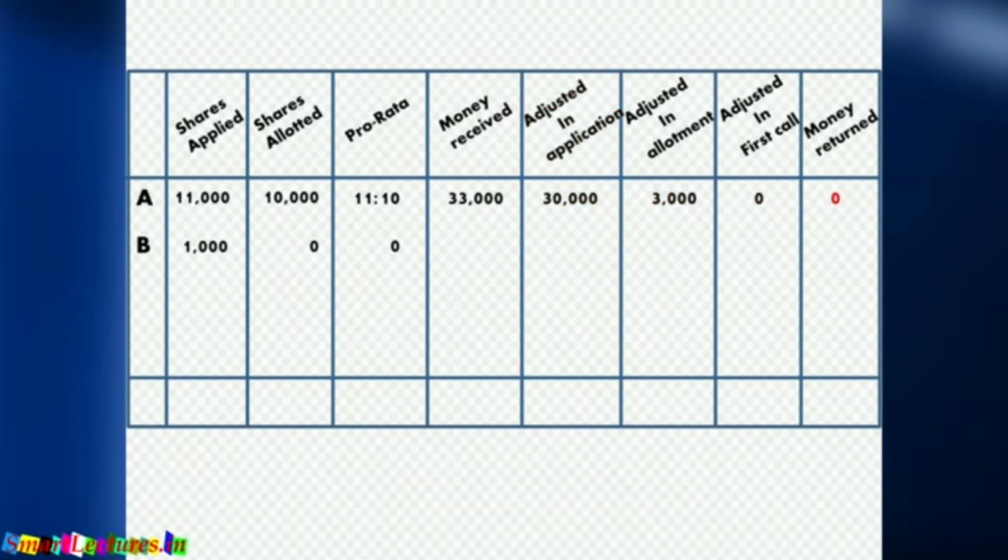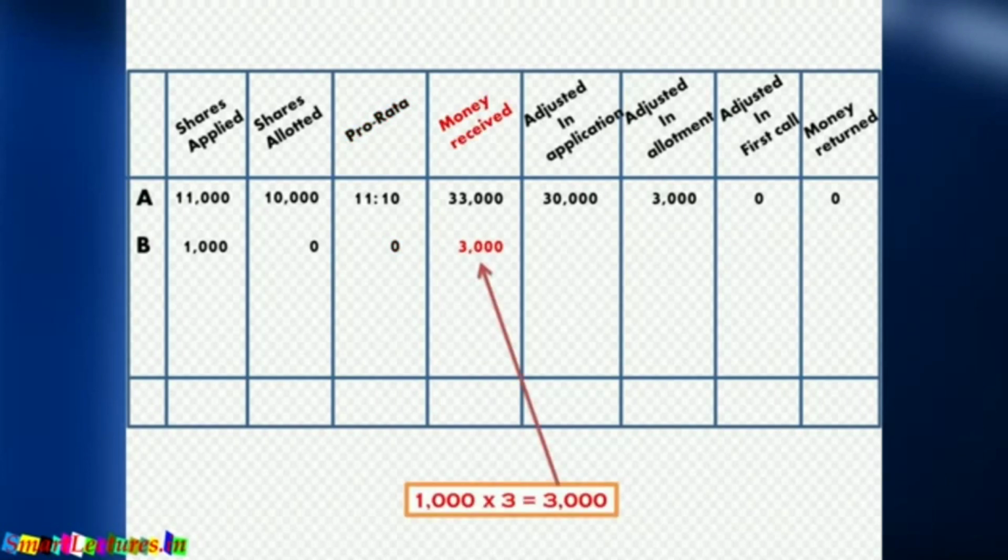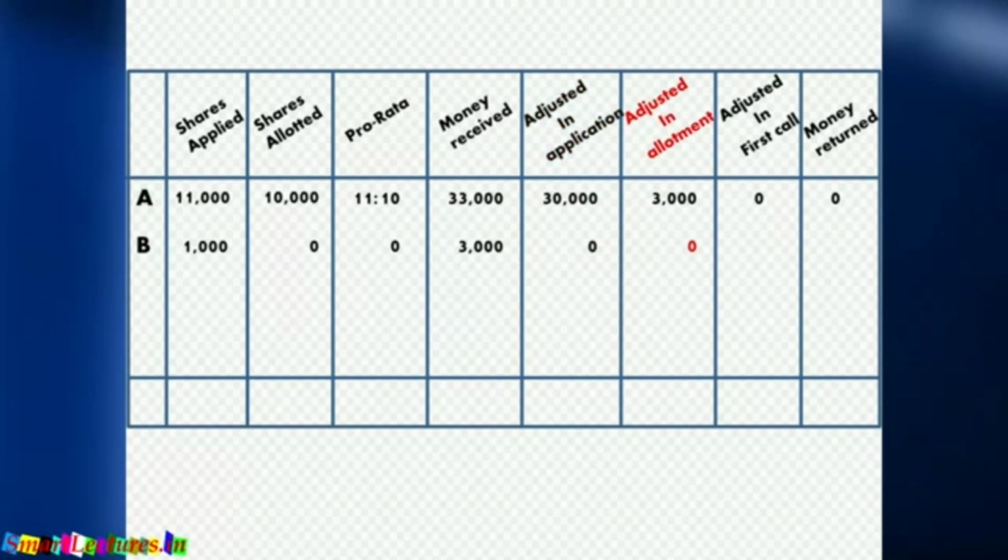Now come to B. Shares applied 1,000, shares allotted 0, pro rata no, and money received 1,000 into 3, 3,000 rupees, and money adjusted in application, nothing, because no share was allotted, so we cannot adjust money in any installment. Adjusted in allotment, nothing. Adjusted in first call, nothing, and money returned 3,000.